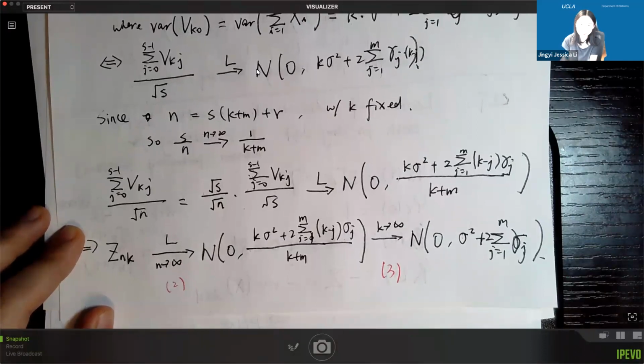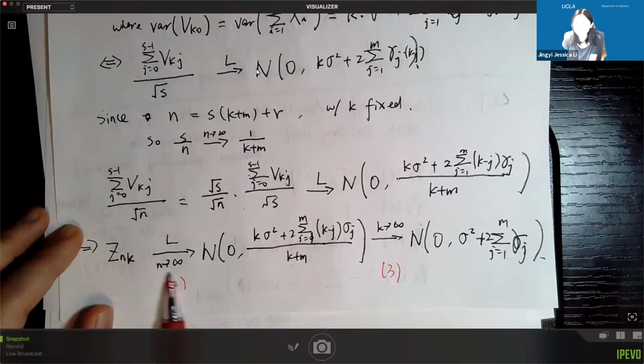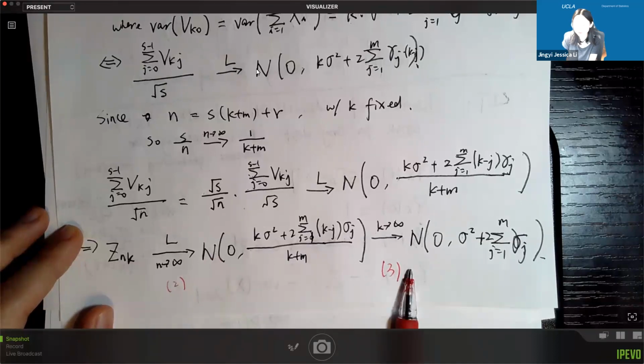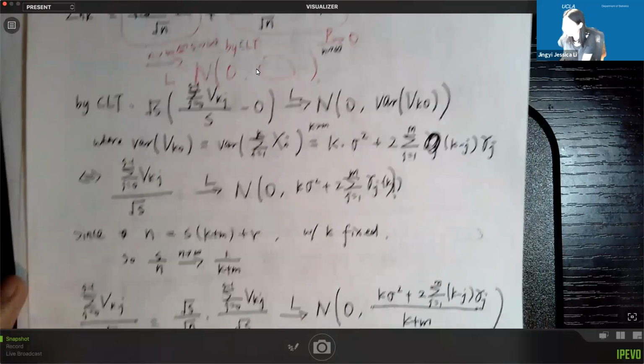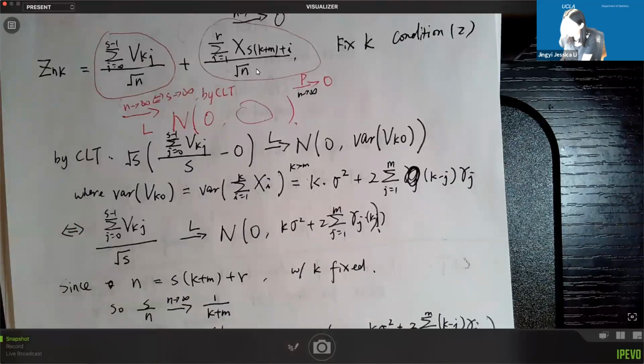Still, if you ignore the technical details at all, the take-home message is that the central limit theorem is still the key. We make use of that to derive the asymptotic normality. And the trick is to introduce that intermediate number k. Okay, so that's all about the proof of the theorem.